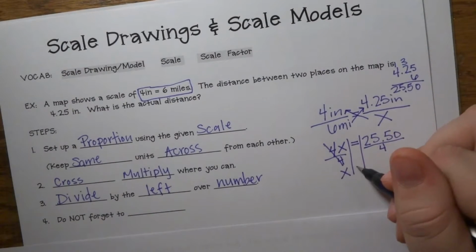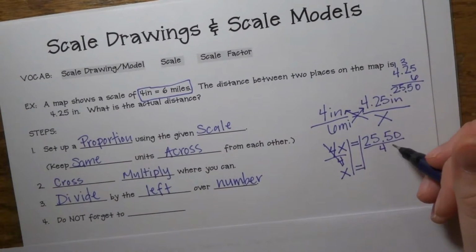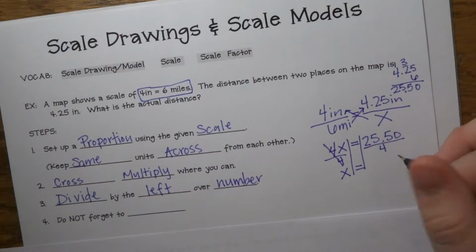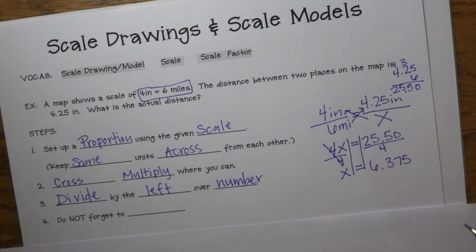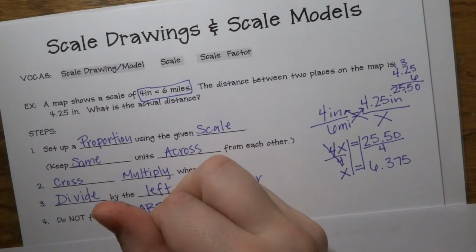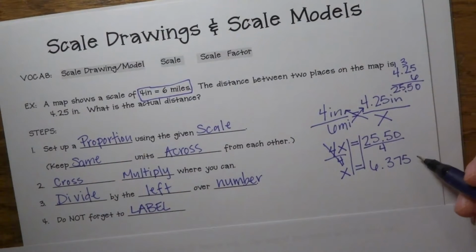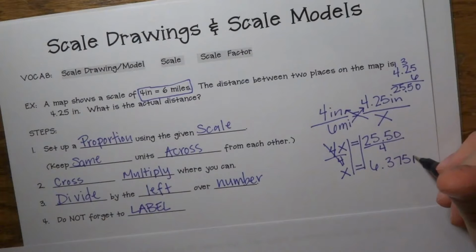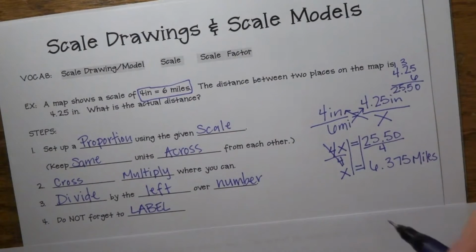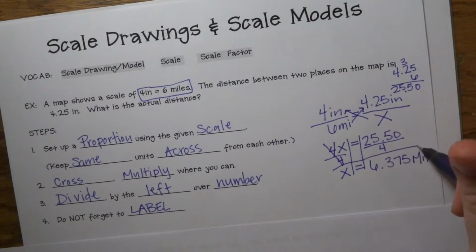So this leaves us with x equals 25.50 divided by 4, which is 6.375. Okay, we're not done yet because we have one more step. It says do not forget to label. So we're going to label this miles. So we found our answer.